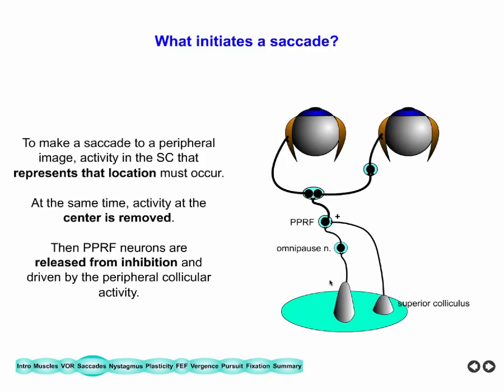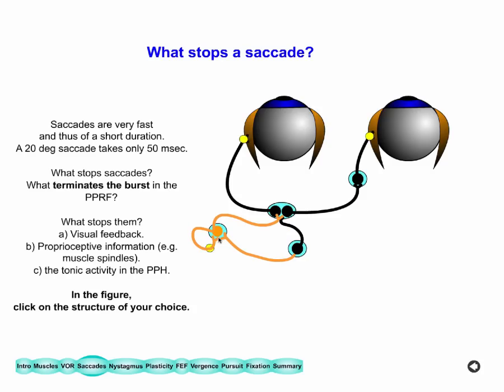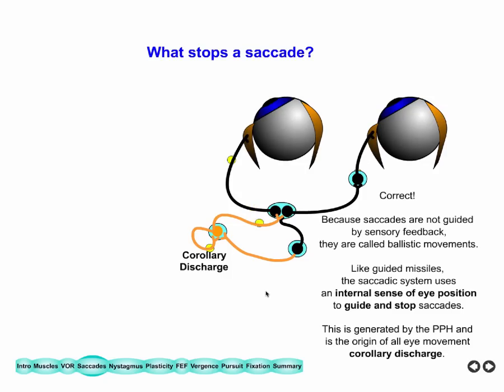So the only other choice, another possibility, is that it's coming from here. And that is the correct choice. So this thing here is the corollary discharge of all your eye movements.